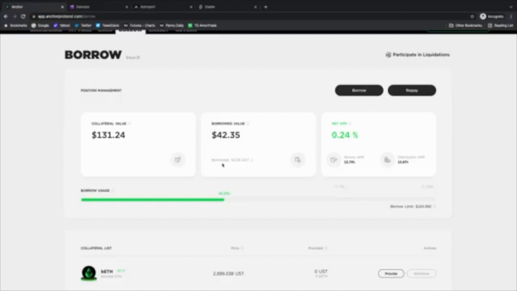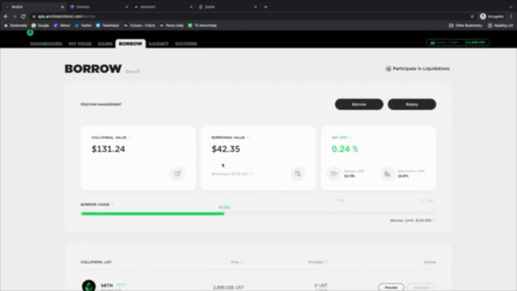The second problem is if at, let's say, $100 you bought Luna to do this strategy and you got bonded Luna, like he said, and reprovided it, and for some reason you got down all the way to where your LTV is, what people oftentimes do is they panic sell their bonded Luna, which essentially amounts to selling low, and essentially defeats the purpose of the whole concept in the first place.